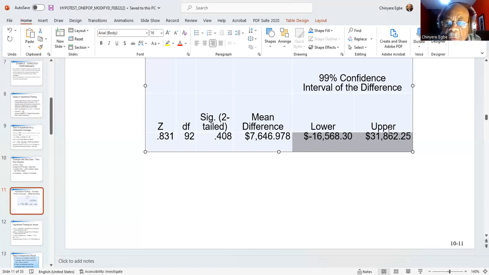If the confidence interval of the hypothesis test goes from negative to positive, then you are not able to reject the null hypothesis. If the confidence interval is either all negative or all positive, then you reject the null hypothesis. Everybody understand that?